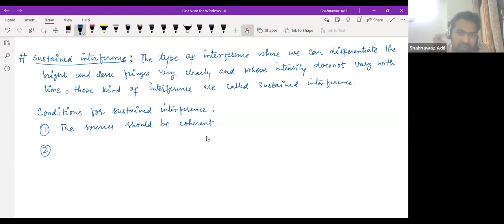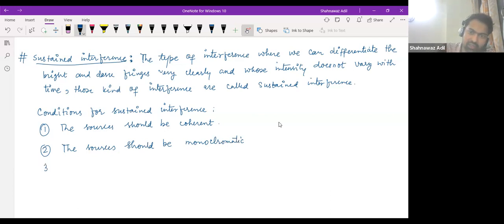So that kind of light is called what? Monochromatic. Yes, absolutely correct. So the sources should be monochromatic. Right? Is this clear, guys?